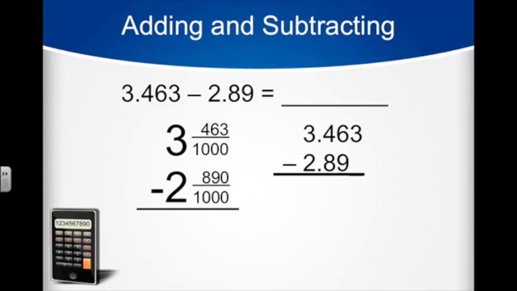You can simply put a 0 in the empty space below the 3. This is how you'll always handle addition or subtraction problems when the numbers don't have the same number of places. You just put zeros in the empty spots. Now we can just subtract as usual. We bring the decimal straight down, so we have our final answer, 573 thousandths.